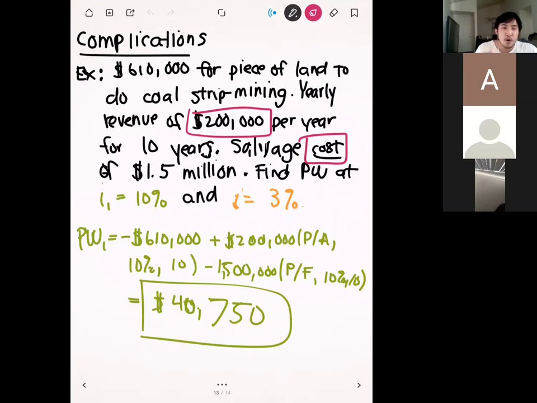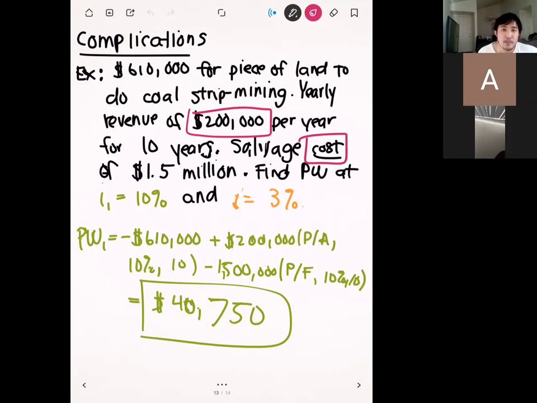Present worth is just one method for economic analysis, and we're going to cover different ones in the next few weeks. So technically this method is not wrong. It's just that when you get weird results like this, you want to back it up with a different method to see which is the right way to go about it. Okay, thank you.